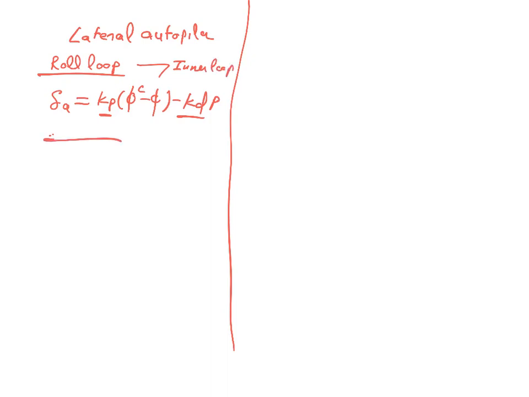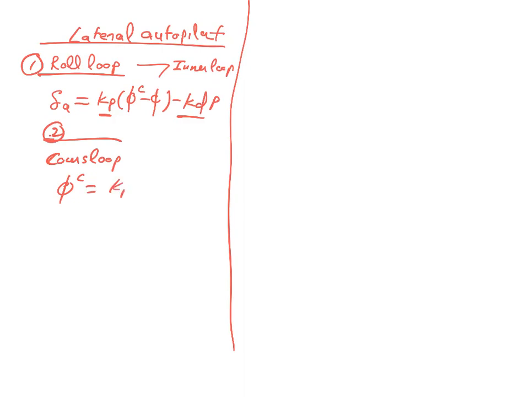The outer loop is the course loop. I'm just summarizing the lateral autopilot. So you have to write one PID. The second PID is the course loop, which again takes out phi commanded. The output is phi commanded, and it is a PI controller.